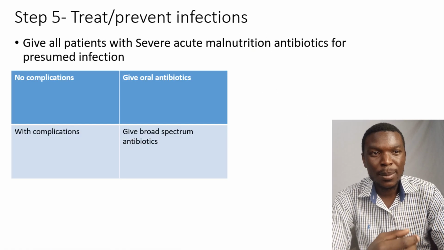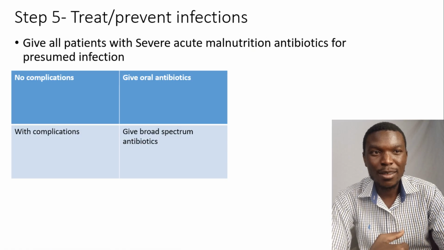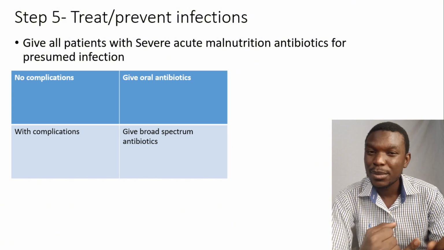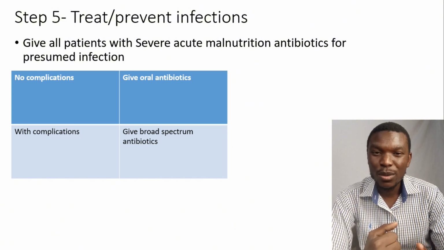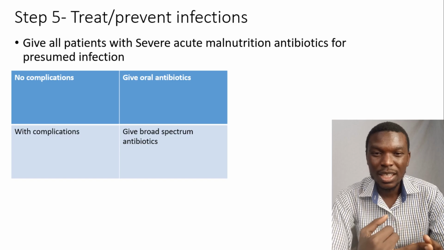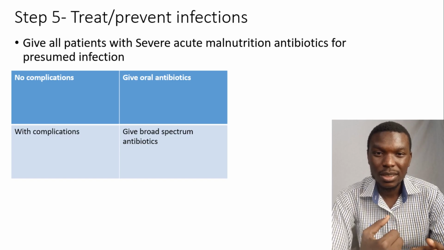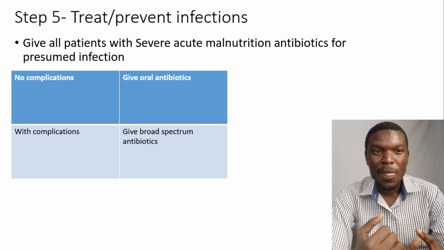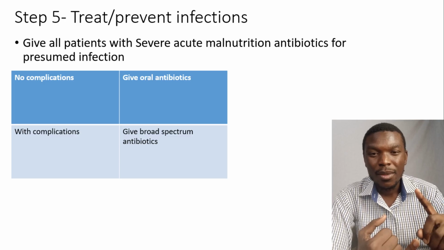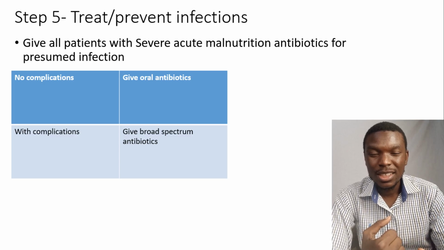Move on to step 5, where you're treating and preventing infections. Remember, when you're giving fluids, you discover that this child had a shock which was not resolving using fluids. So the child was just getting overloads. You suspected the infection, septic shock.